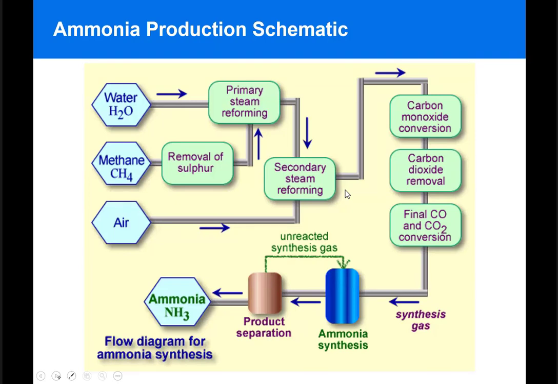Three precursors are used in this process: air as a source of nitrogen, and the mixture of methane and water. In a steam reforming step, it's going to produce hydrogen and carbon monoxide, then mixed with nitrogen from air.